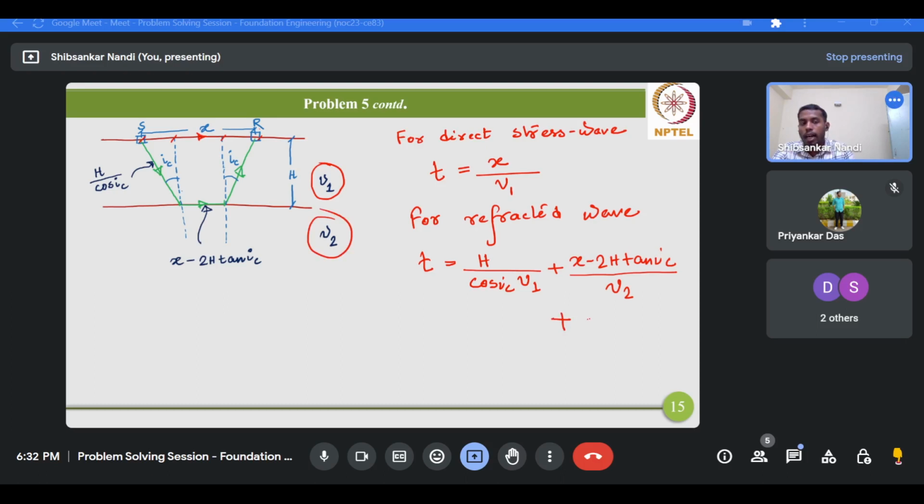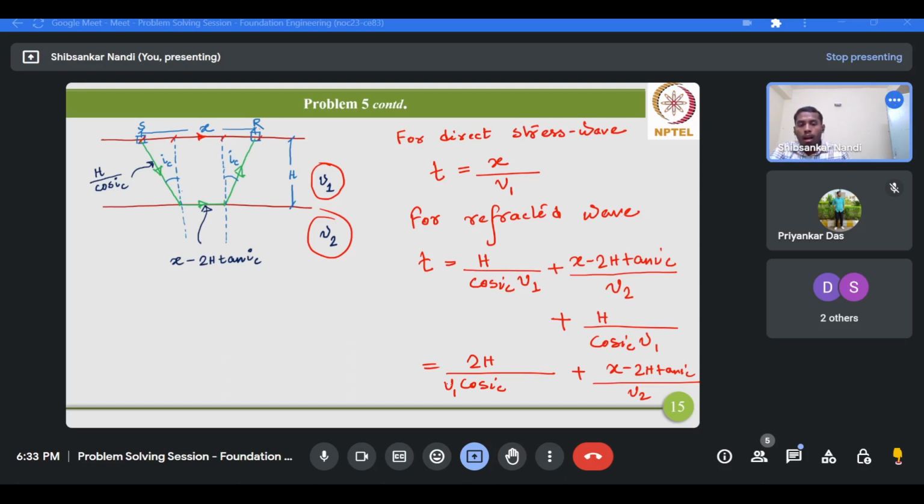And finally the third part, again it will be h by cos IC v1, that means 2h by v1 cos IC plus (x minus 2h tan IC) divided by v2. So this is the time of travel for the critically refracted wave.